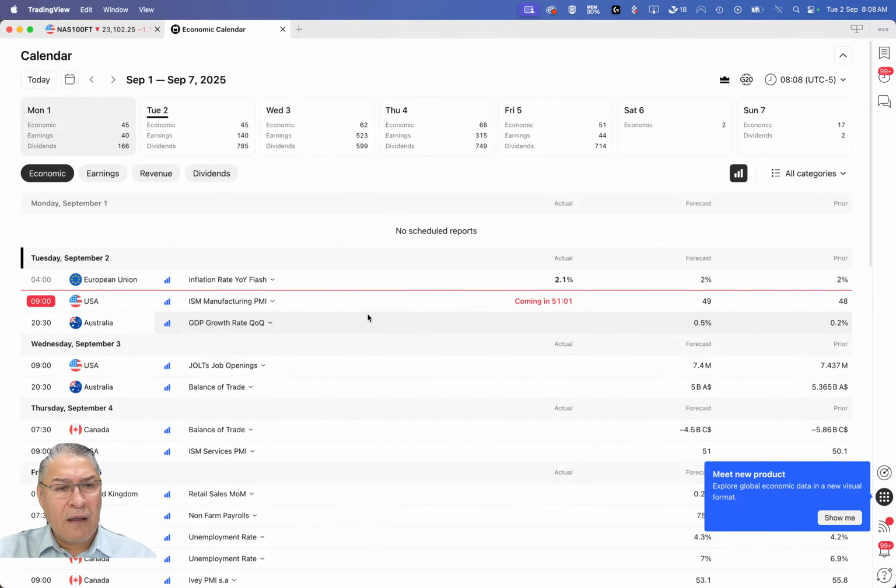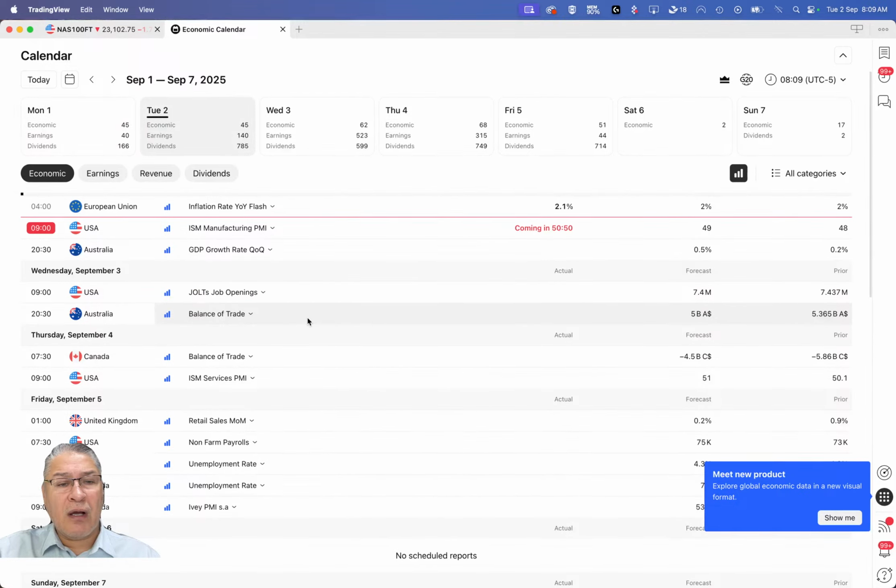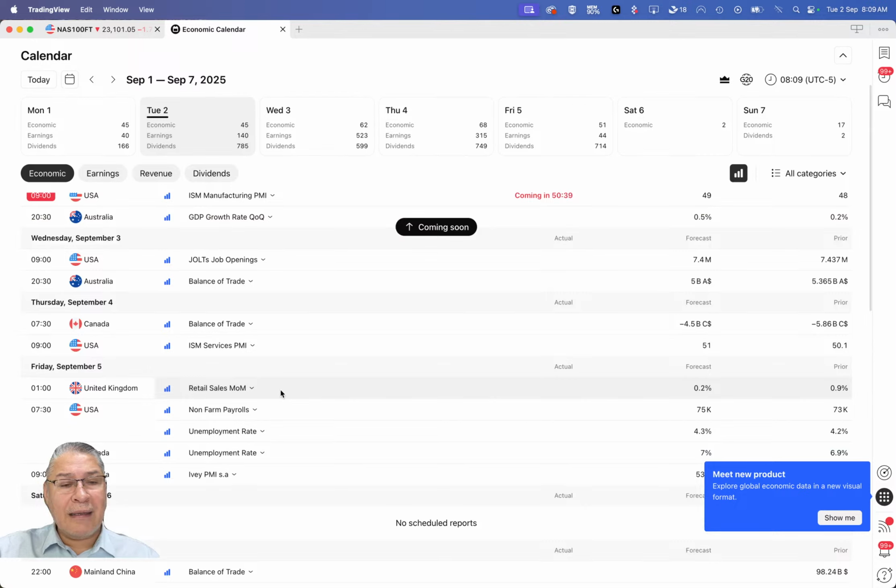ISM manufacturing is coming in about 50 minutes, so that just might have some impact, but this week we'll have JOLTS. And then on Friday, we'll have the non-farm payrolls along with the unemployment rate. And this will be the last of the data that the Fed will need to decide whether to cut rates this month or not.